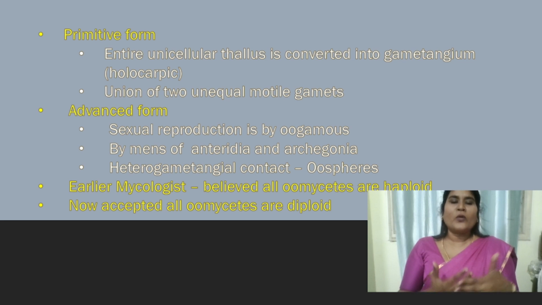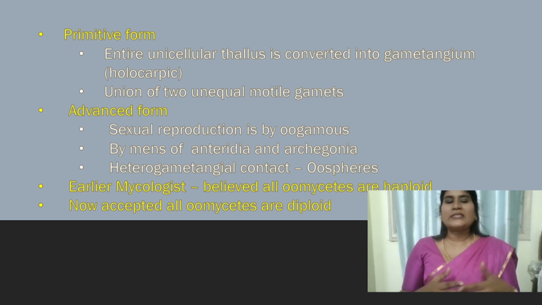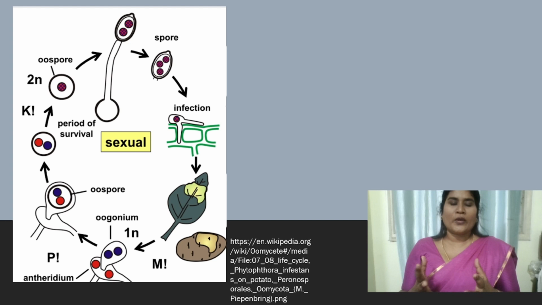The earlier mycologists believed that all the oomycetes are haploid. After a lot of studies, now it is accepted that all oomycetes are diploid. In the picture, the sexual reproduction of the oomycetes is clearly explained. The antheridium and the oogonium are joined or in contact. They produce the oospore.